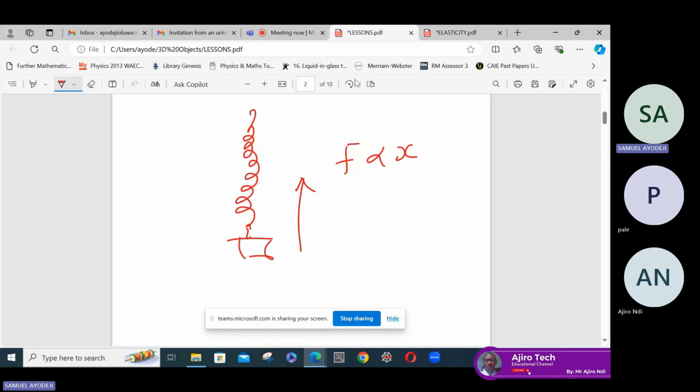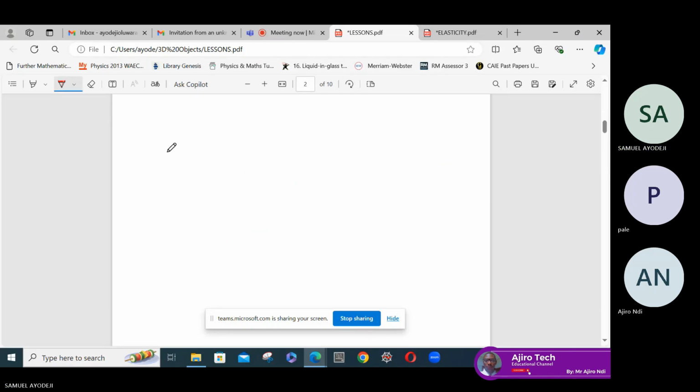Let's say I have identical springs, which means they have the same spring constant. You have 1, 2, 3, with the same value of K, and a load attached.